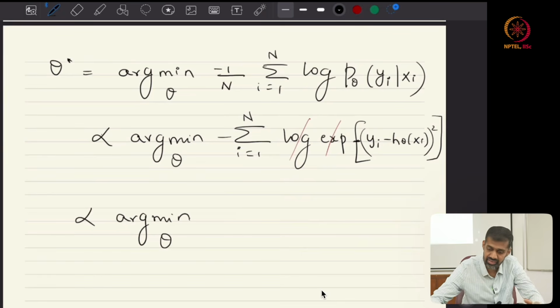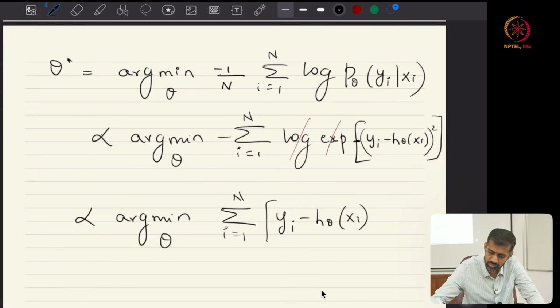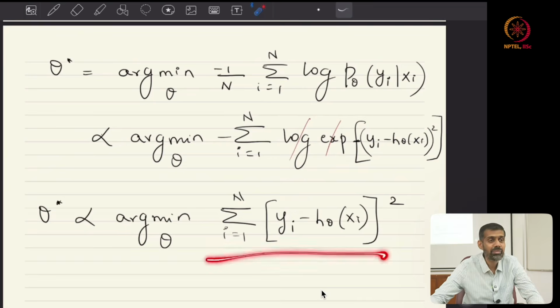Let me complete this. Does this expression seem similar? This is the least squares estimate.